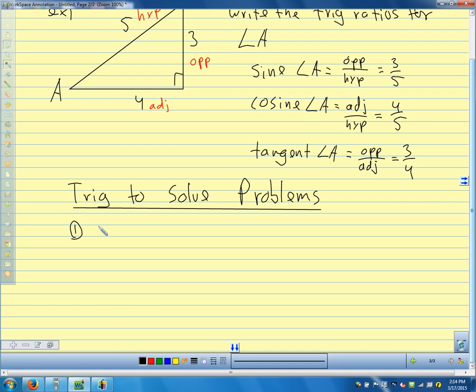So our first step is label the triangle. And by that I mean we're going to write down our opposite, our adjacent, and our hypotenuse. We're going to label our sides.